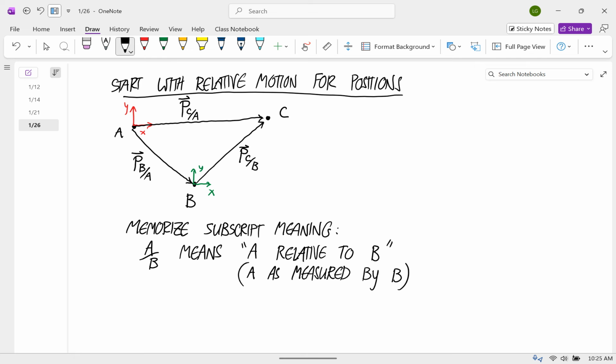I have a question. For the C and B connection, why is it not also relative to A? Because that vector that I drew is only the measurement taken by that video camera at B. Each one of those is a vector. With the alignment of the coordinate system that I drew here, you could estimate what these components are. Maybe this is basically 50, 0, depending on the distance.